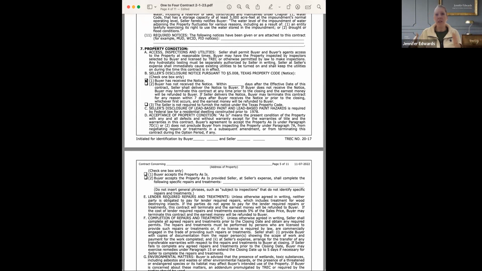It's saying they've received the notice. So that part, little 2, is not going to be checked. You've already kicked that out. The best practice is do not execute the contract with number 2 being checked. You want number 1 checked, and you want to have the seller's disclosure signed by the buyer. Exactly. So if this box is checked, then none of this applies.